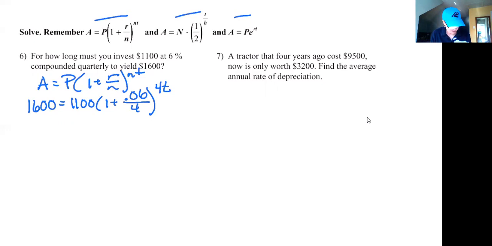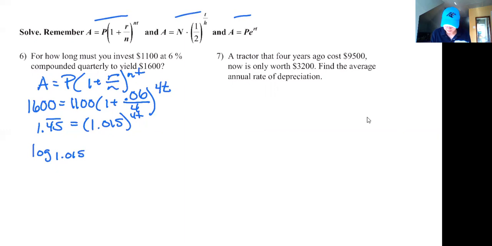All right, let's divide both sides by 1,100. So I have 1.45 repeating is equal to, I pop this into my handy dandy calculator, 1.015 raised to the 4t. Okay, so let's rewrite this using a logarithm. I would say the log, and my base is 1.015, of 1.45 equals 4t.